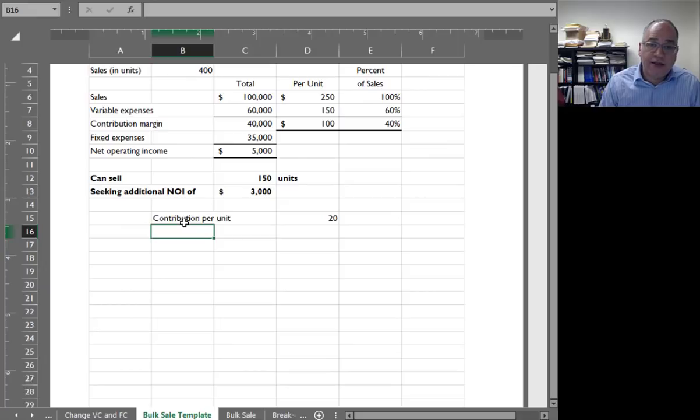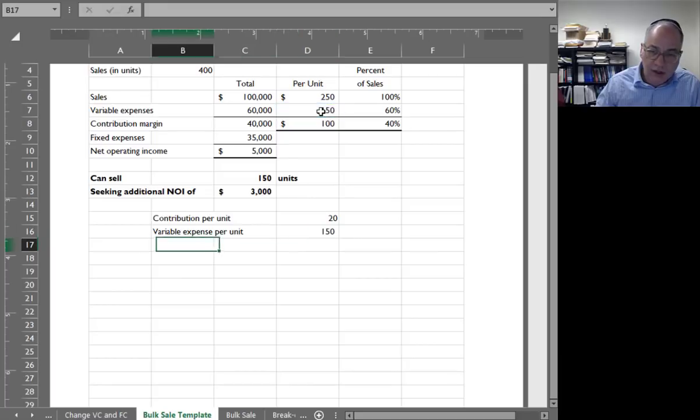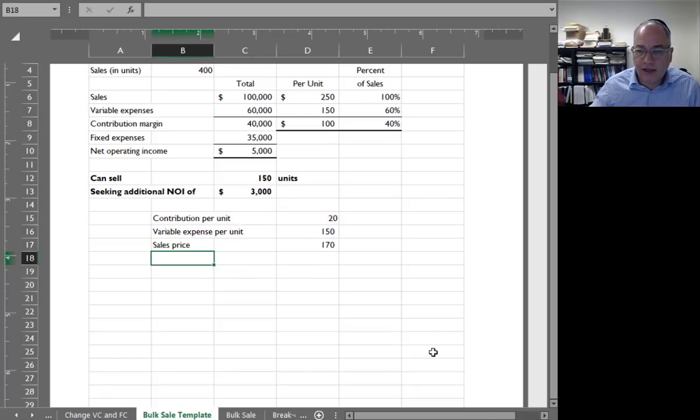You would add this to your variable cost per unit, which is $150, and you would arrive at a sales price of $170.